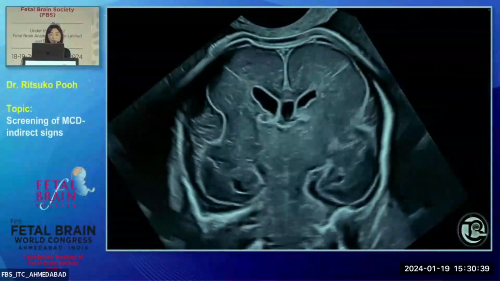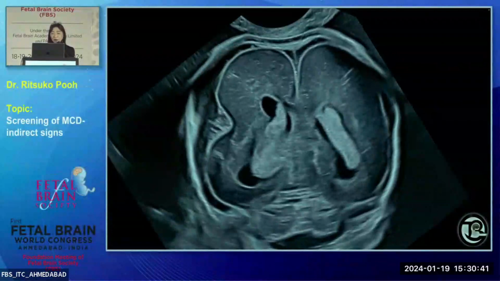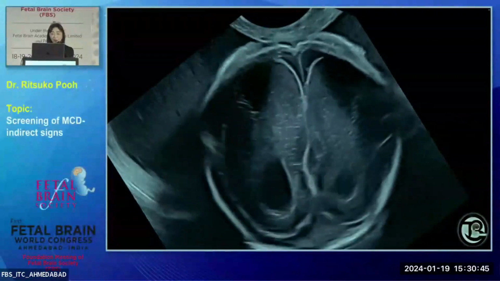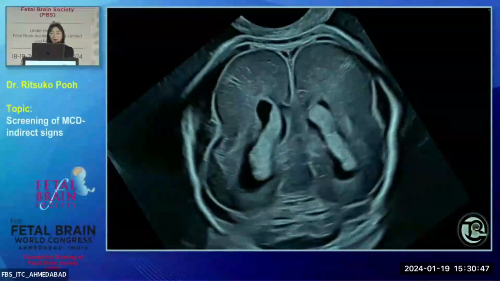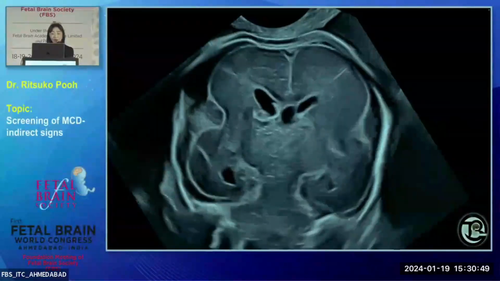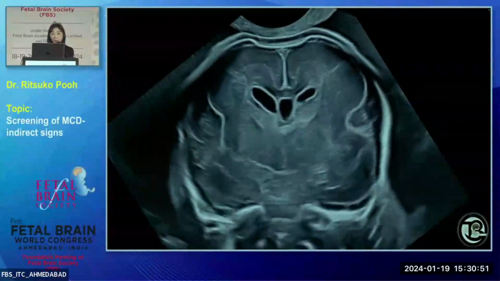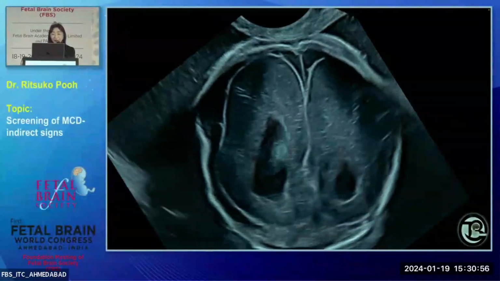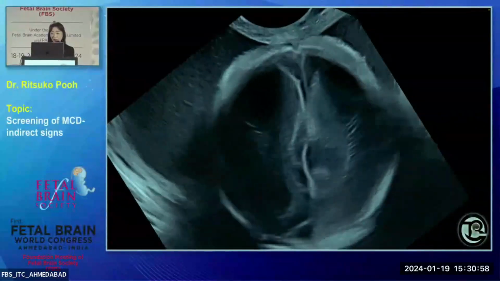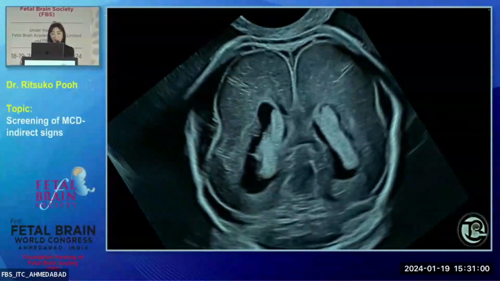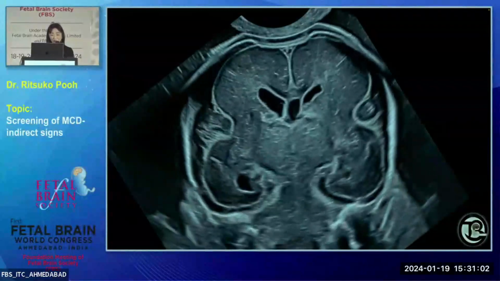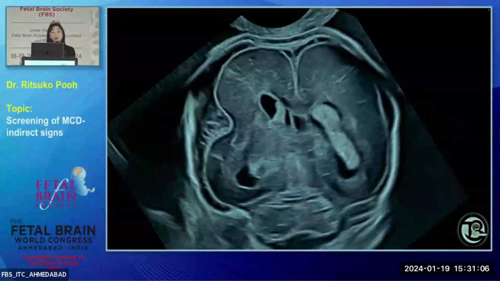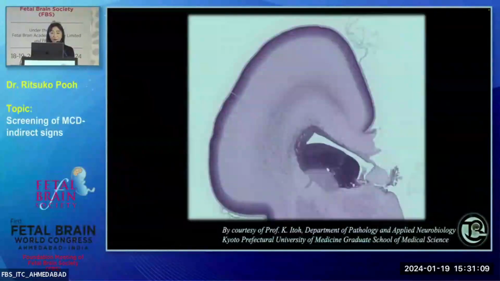Here you can see the radial lines are observed in both hemispheres in all continuous coronal planes from anterior to posterior. Can you see that? Yes? Okay, so this means the cat ear lines are not only in a specific coronal section, but they are radiating throughout the entire brain parenchyma.